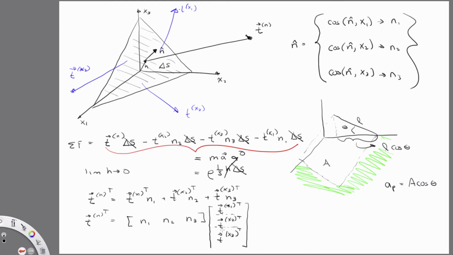And if I give this a name, this is the stress tensor, or specifically the Cauchy stress tensor. What the stress tensor is, it's the tractions in the coordinate directions.